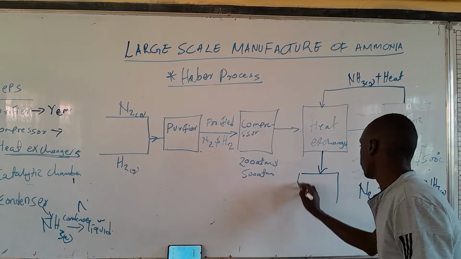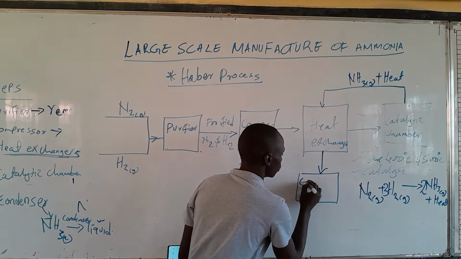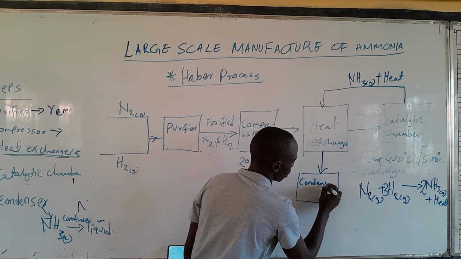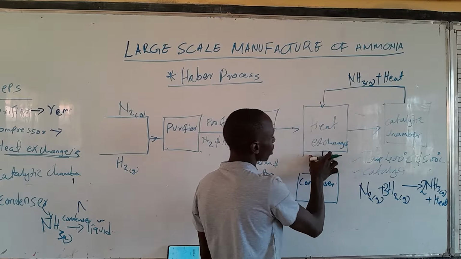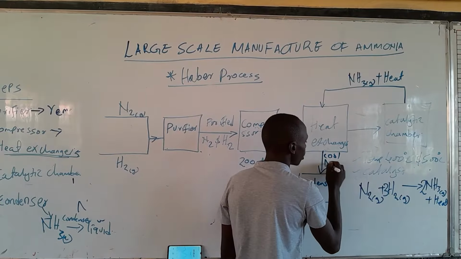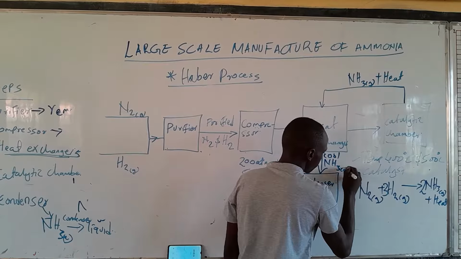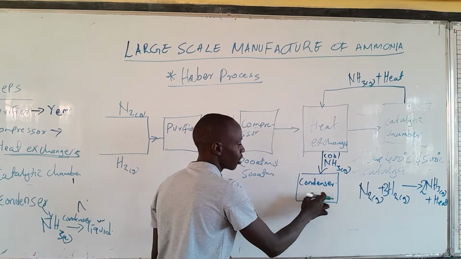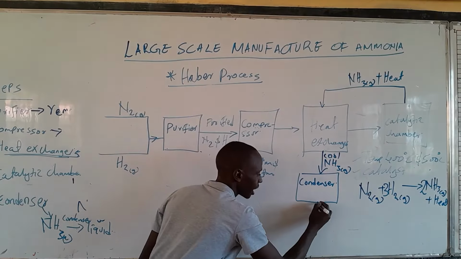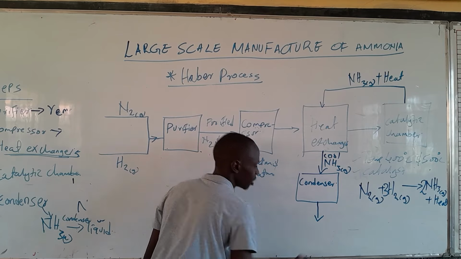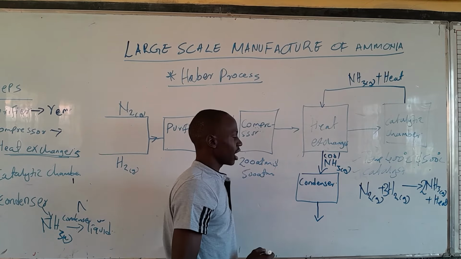So here we finally have the final step, which is the condenser. The cool ammonia gas is pumped to the condenser, whereby the gas is condensed to produce liquid ammonia.